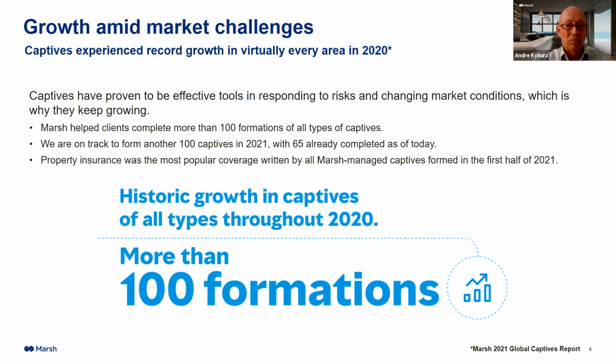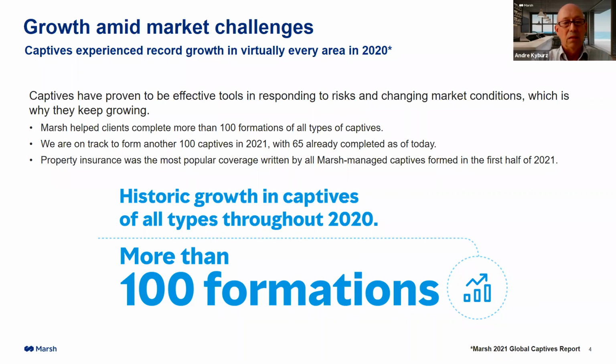What we've seen in the past year alone is more than 100 formations of captives and cell captives for Marsh clients. And even in the current year, 2021, we're on track to form another 100 of such vehicles this year, with more than 65 already completed as of today.